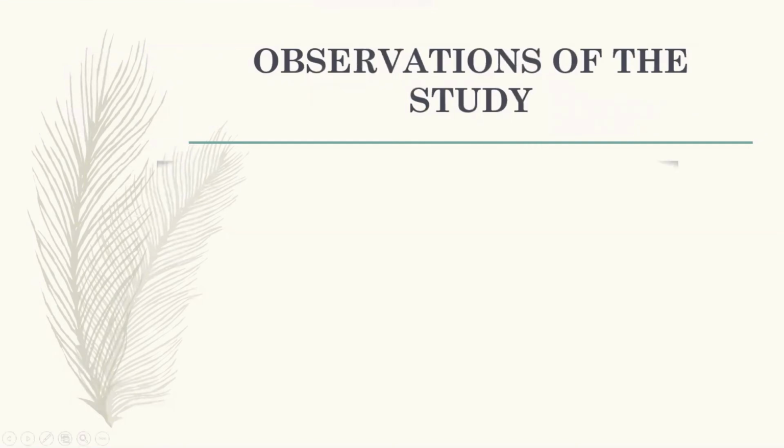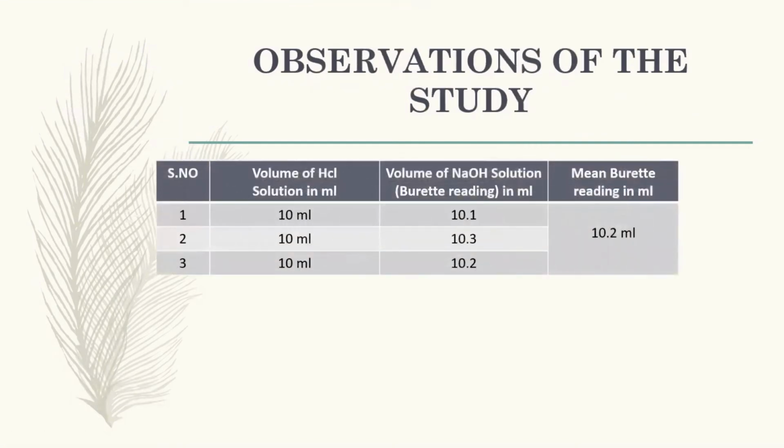Observations of the study. After the end of the experiment, tabulate the observations of the experiment in a table as shown. The first column of the table shows volume of the HCl solution in ml. The second column shows volume of NaOH solution, that is burette reading in ml.